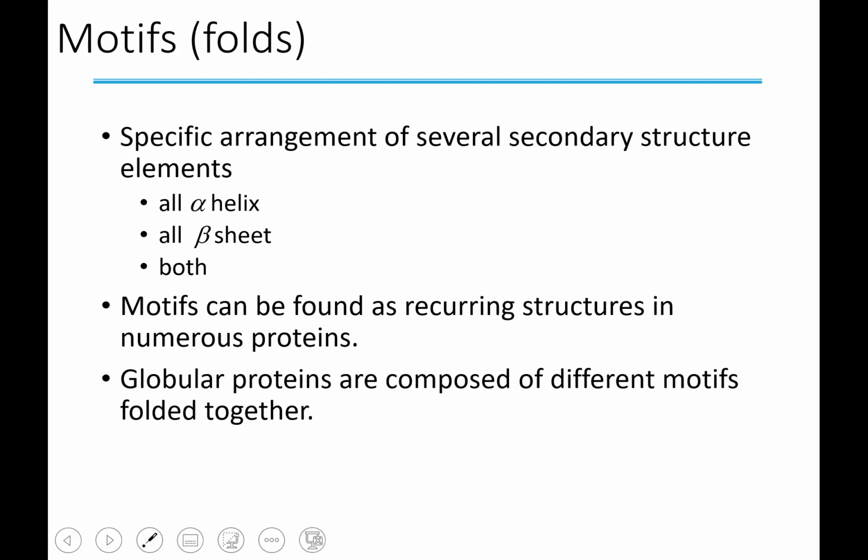Certain motifs can be found as recurring structures in lots of different proteins. In fact, lots of proteins with different sequences can have similar folding motifs. Globular proteins are composed of different motifs combining together to give you an overall shape or fold of the protein.